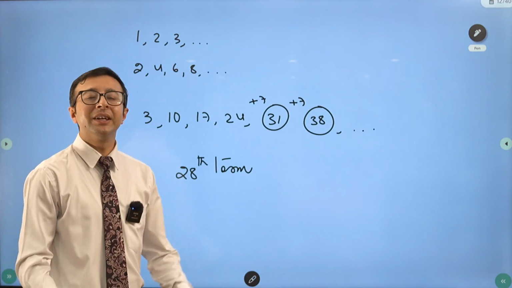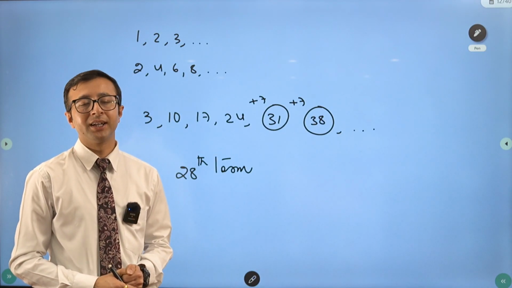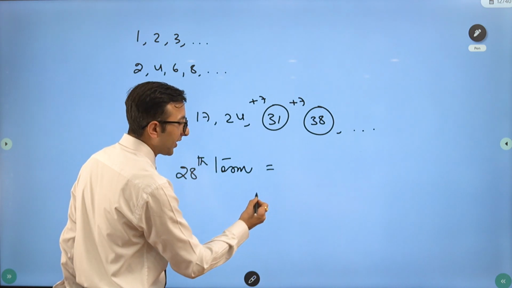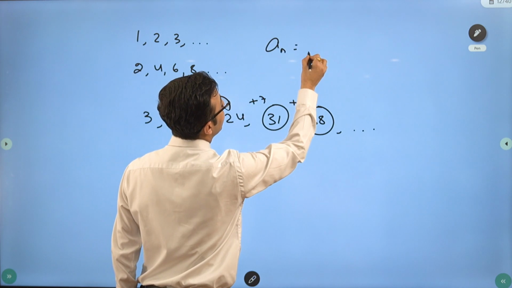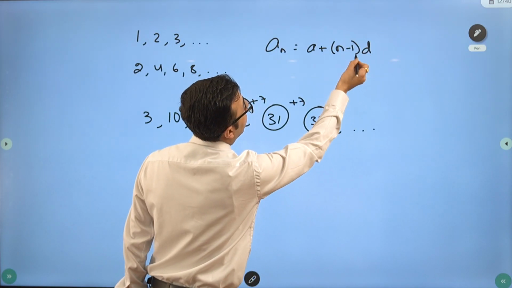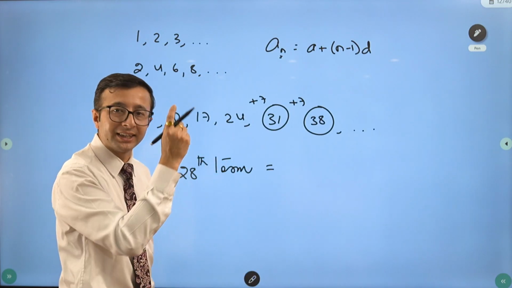For that we need a general form or general term of an AP, that is given by the nth term. So for the 20th term, we use the formula an is equal to a plus n minus 1 d. It means that if there is n, the number of gaps should be 1 less than that n.